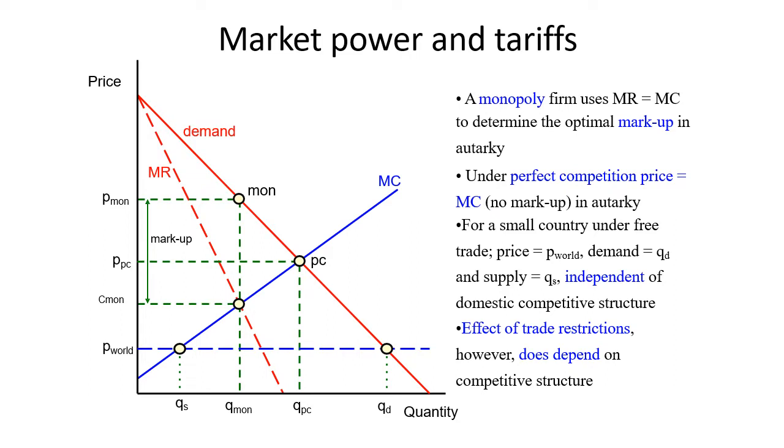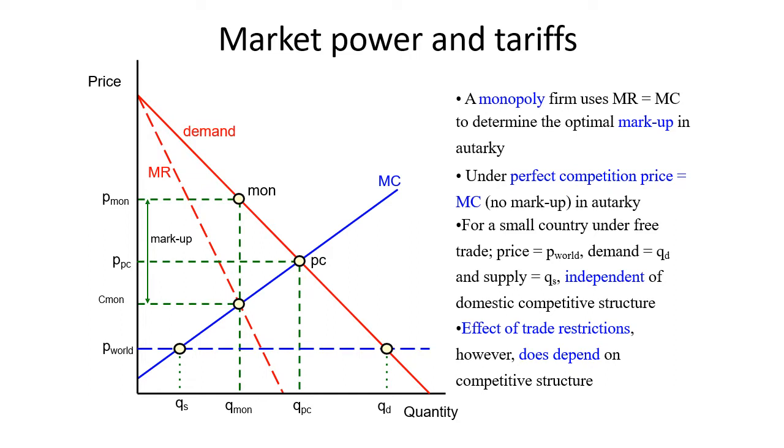But what you should also realize is that, unlike when we were dealing with perfect competition, where there is no markup and no difference between the price charged in the market and your marginal cost, when we deal with a monopoly, there is a difference. The cost incurred by the monopoly firm in equilibrium under autarky is CMON, and the price that the monopoly is charging is PMON.